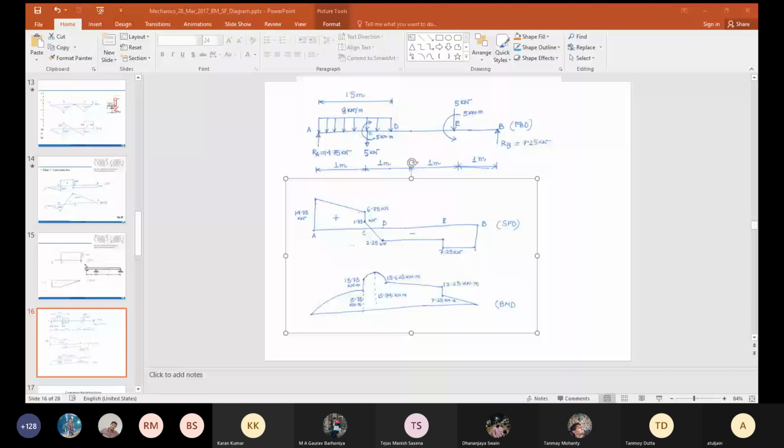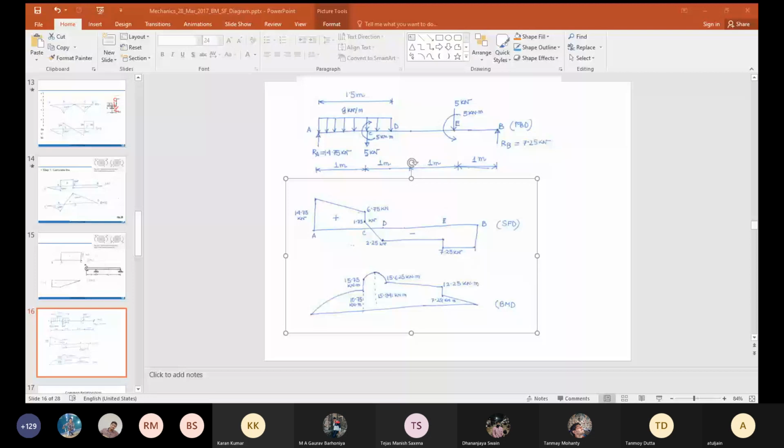RA into X, half 8 into X square, 5 kilonewton meter, plus 5 into X minus 1. Some of them are positive, some negative, and all depend on X. So as the value of X increases above a certain limit, the trend of the curve will start to decrease. That's why the value is coming down at CD.